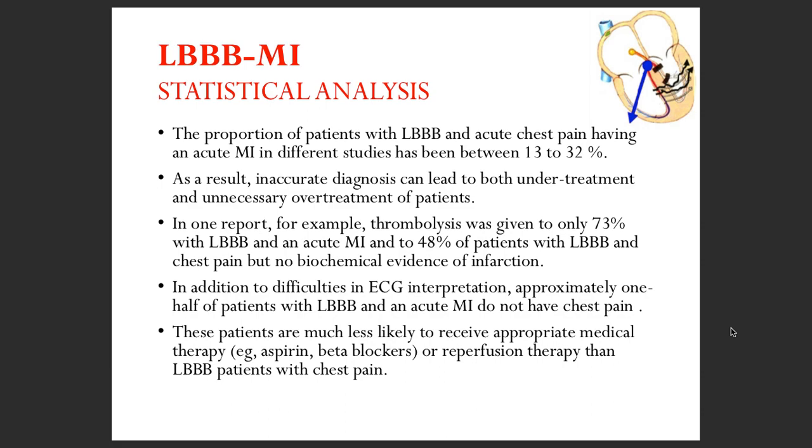So they did several studies as well. They tried to bring together all those ECGs. In multiple studies, they found the incidence of left bundle branch block with myocardial infarction ranging from 13% to almost 32%. 32% is pretty significant.